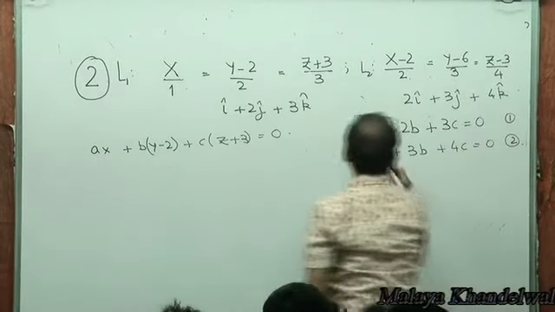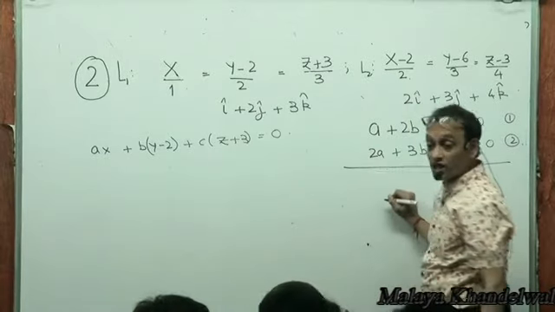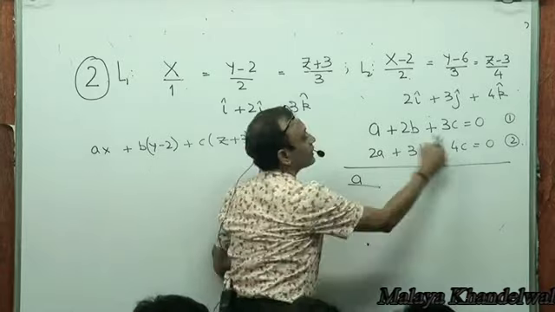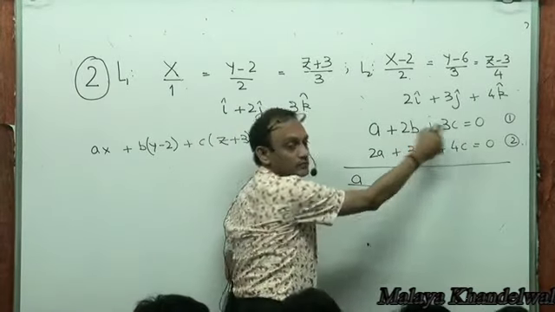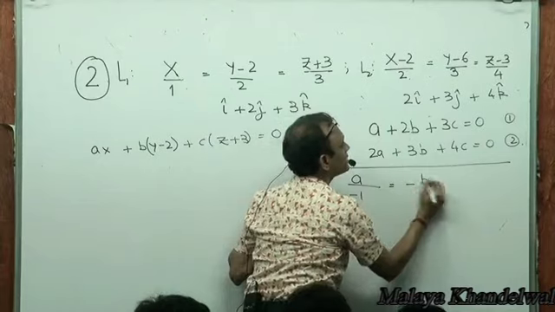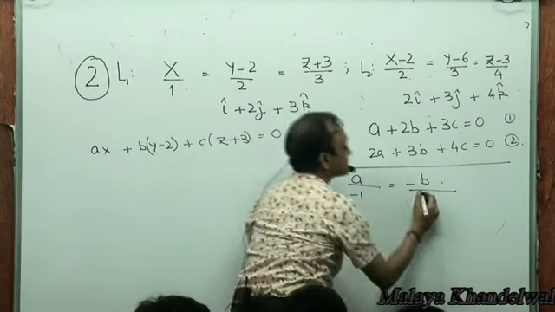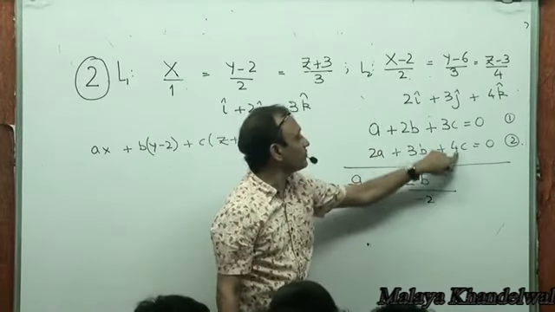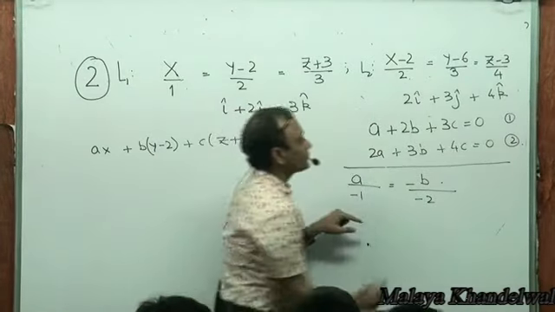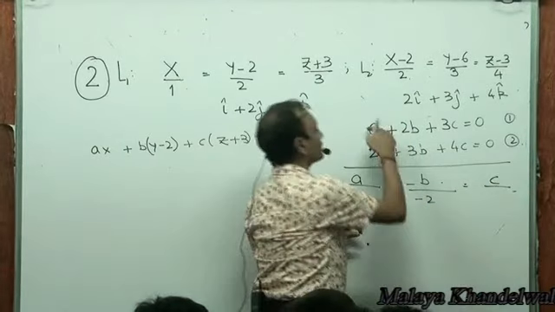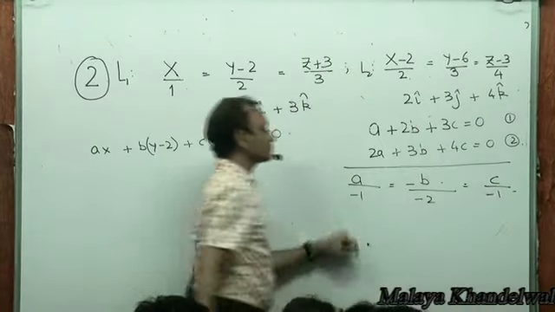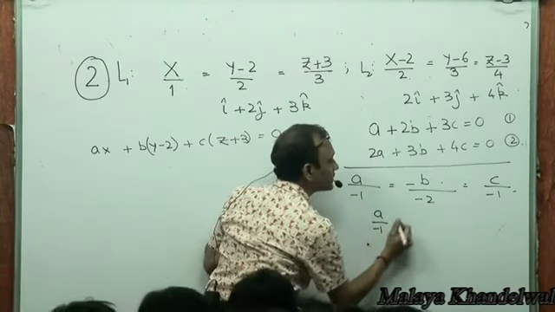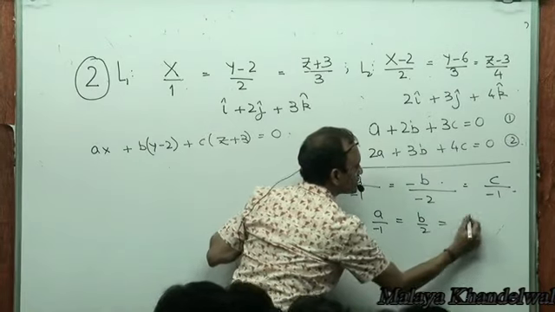Yes or no? And I can now use the rule of cross multiplication. So a divided by (8 minus 9), equals minus b divided by (4 minus 6), right? Minus b divided by (4 minus 6) is c divided by (3 minus 4). Which means a by minus 1 is b by 2 is c by minus 1.